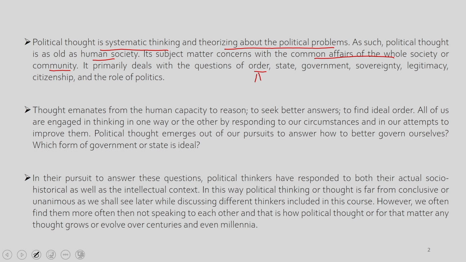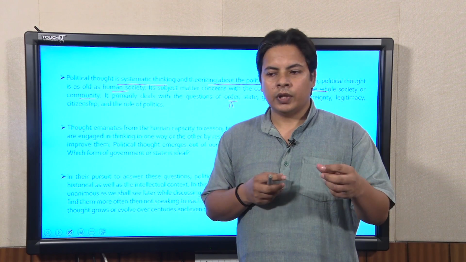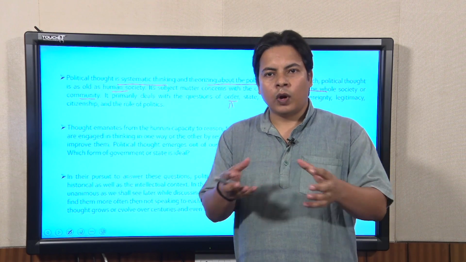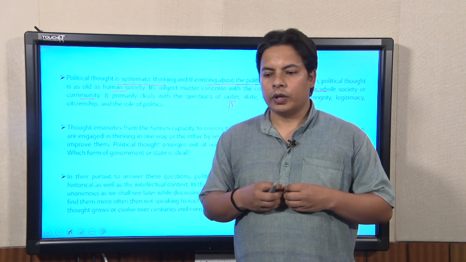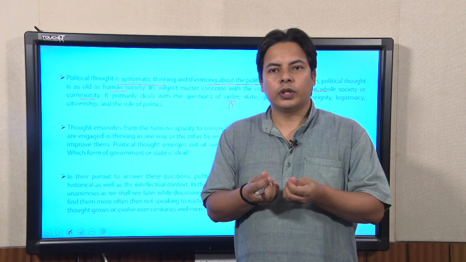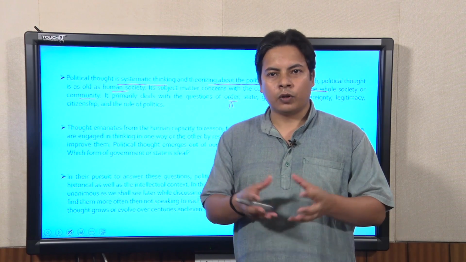A decent life, or a life which is secure or which can pursue whatever is desirable or dignified, requires a society or community which is well ordered, and how to ensure that order, how to have the ideal form of government.